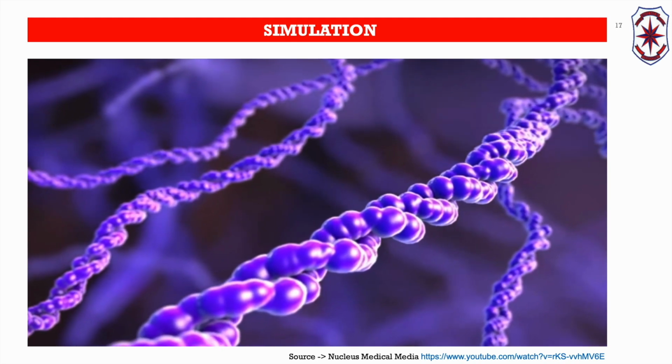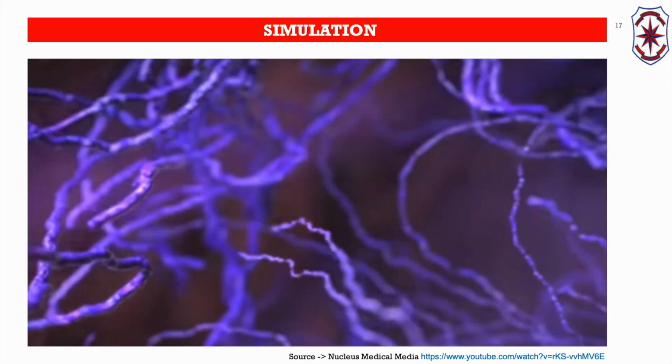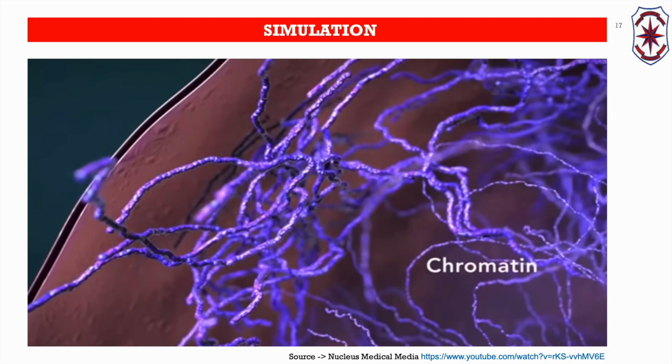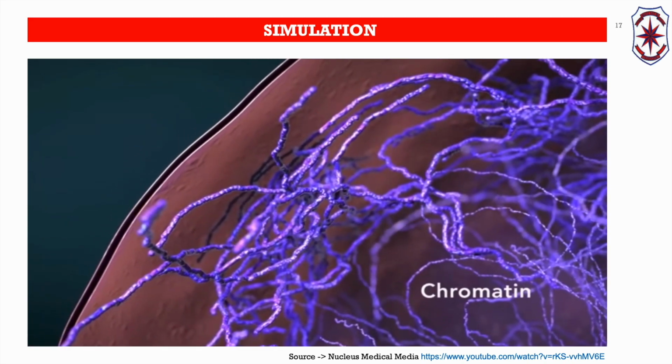When the cell is not dividing, the DNA will be organized as a chromatin network. So when we see this, it means that the cell is not undergoing cell division.